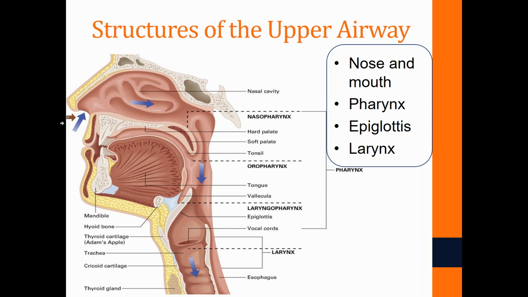As we get into that nasopharynx, we have these ridges right here. They're called turbinates. What is their job? To warm and humidify the air? Yeah, they assist with warming, humidifying, and filtering the air.